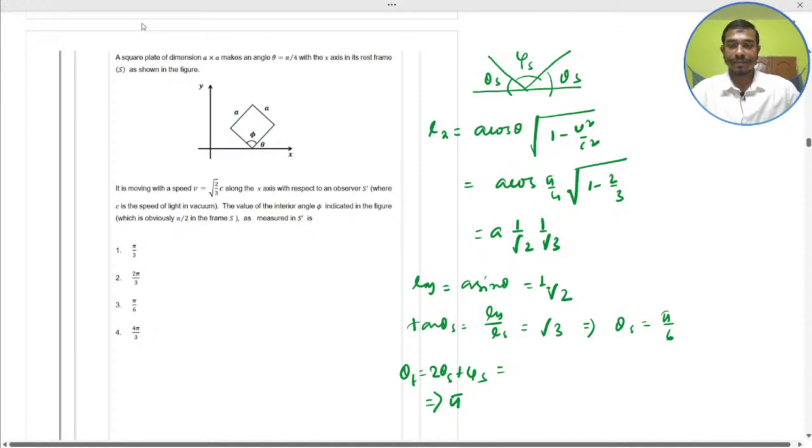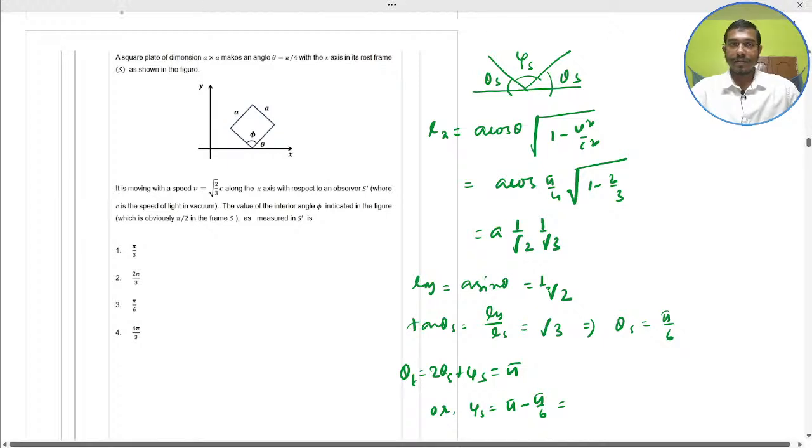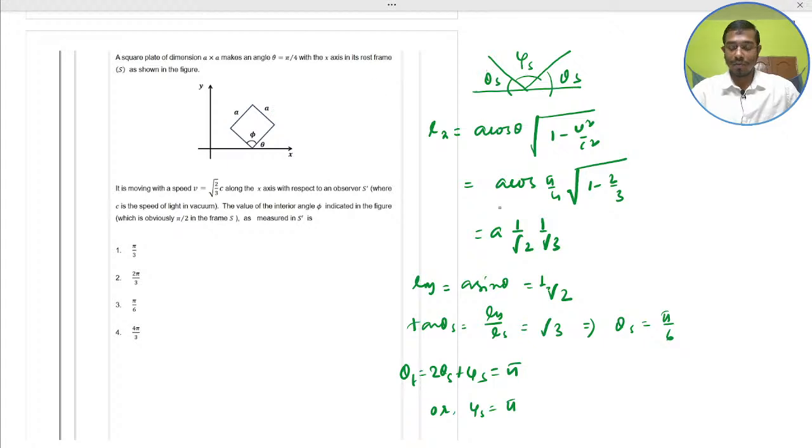So phi s is pi minus twice pi by 3, because this is the one angle.